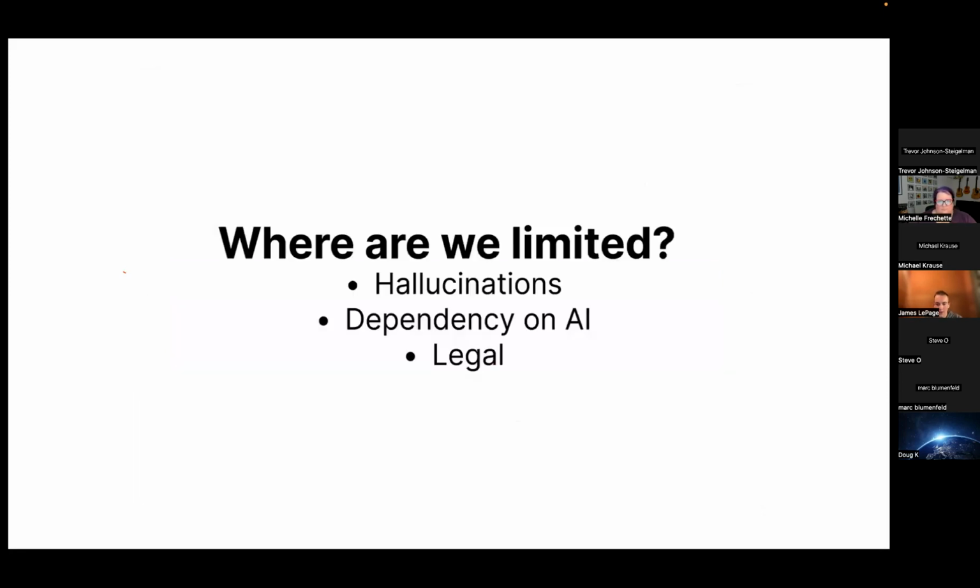Okay, so where are we limited in AI now? In 2023, I think the biggest issue is hallucinations. And this might be the most important takeaway from this talk. If you're using ChatGPT as a search engine, if you're using it as the end all be all single source of truth, you shouldn't. It will tell you information that is incorrect.